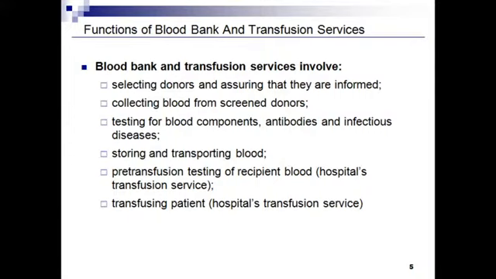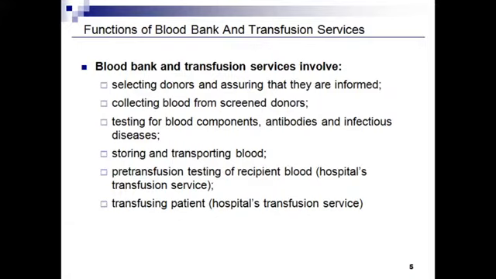Screened donors are invited to clinical hospital or to blood bank center and their blood samples, blood portions, are collected. Testing for blood components, antibodies, and infectious diseases. Collected blood should be tested before distribution to hospitals and should be under quarantine storage.